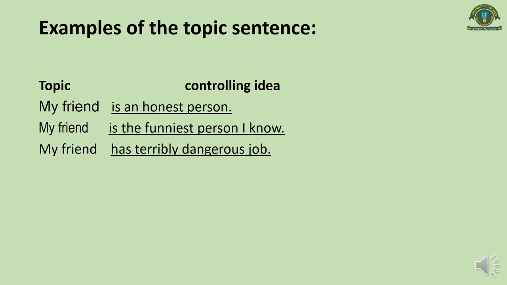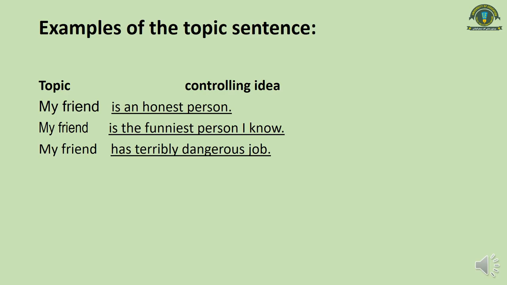Now, this is the example of a topic sentence, or certain topic sentences. So the topic is primarily my friend, and there is some controlling idea attached. So the main figure is the person, the friend about whom we are writing, and then there is some controlling idea that is attached to the topic.